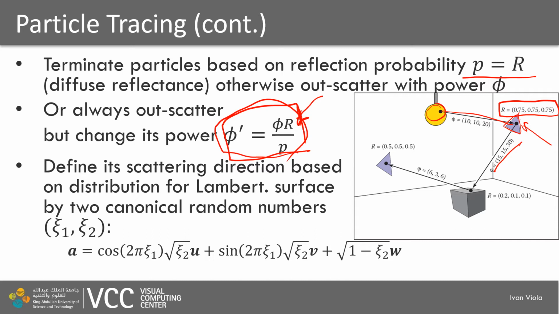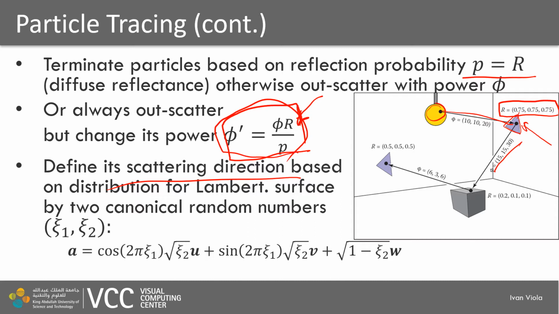How do we determine the scattering direction? Well, we are dealing with Lambertian surfaces here, and therefore we should outscatter to the hemisphere with equal probability.